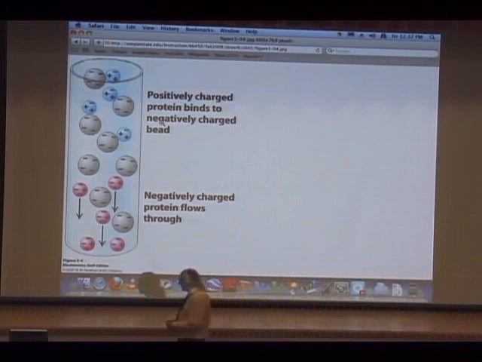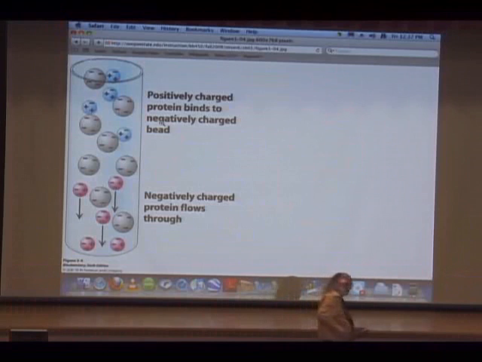Similarly, I could create a column that has arms, and instead of having carboxyl groups, it could have amine groups, in which case it's going to be positively charged. And it's going to have counter ions that typically are chloride, which is a negative ion. When the chloride washes off in solution, it leaves positive charge behind. It will stick to negatively charged things.